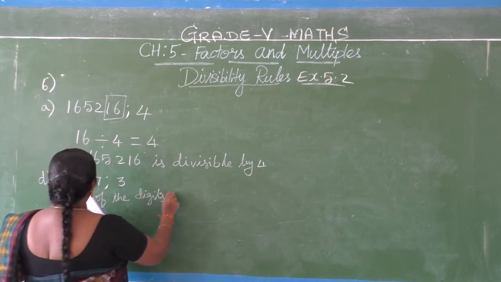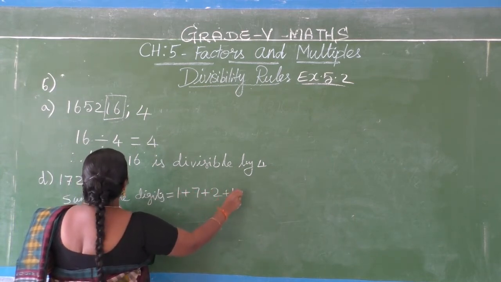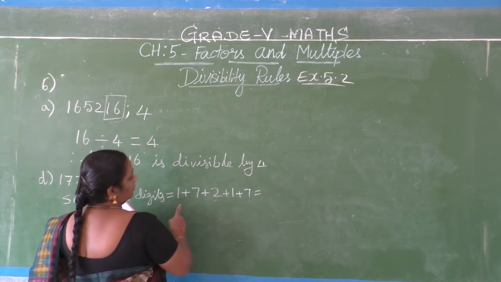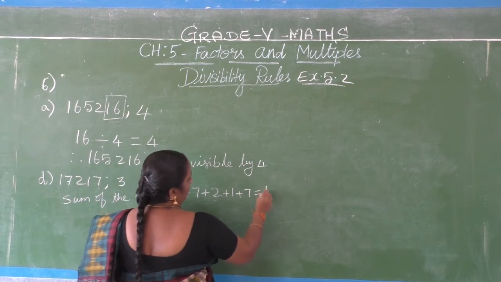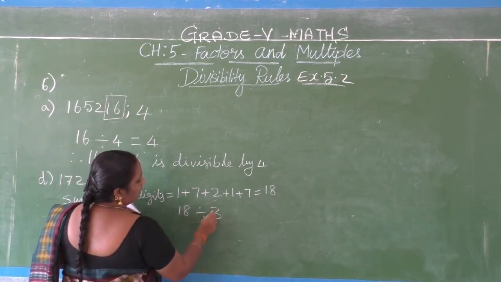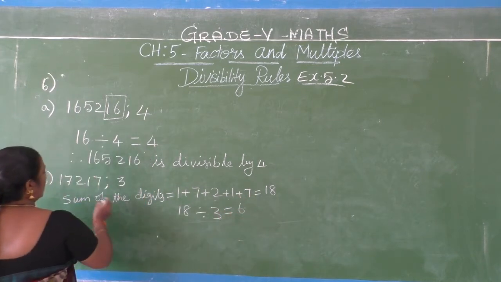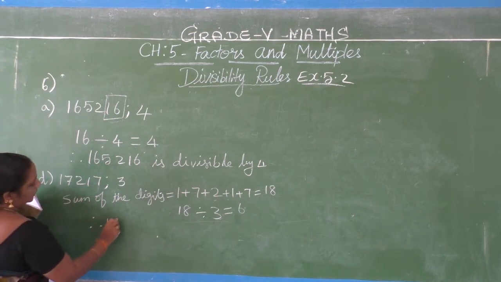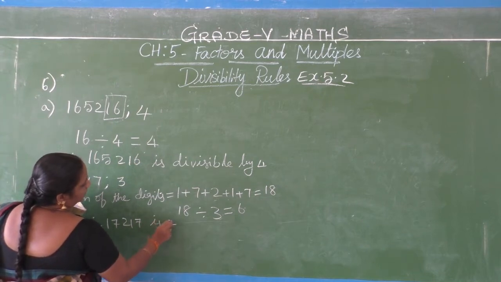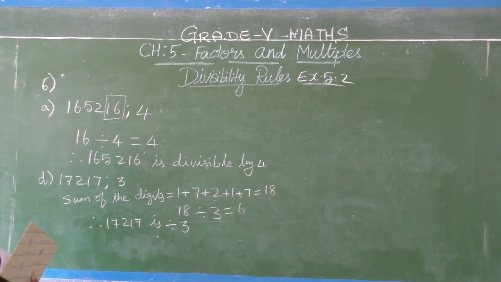What is the sum of the digits? 1 plus 7 plus 2 plus 1 plus 7. 2 sevens are 14, 15, 16, 17, 18. So 18 divided by 3, how many times will it come? 6 times. Therefore the whole number 17,217 is divisible by 3. Okay? Do you understand?